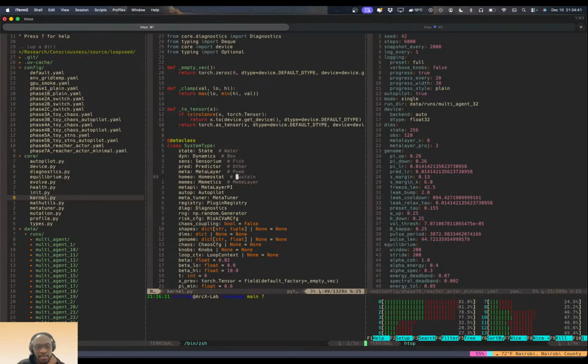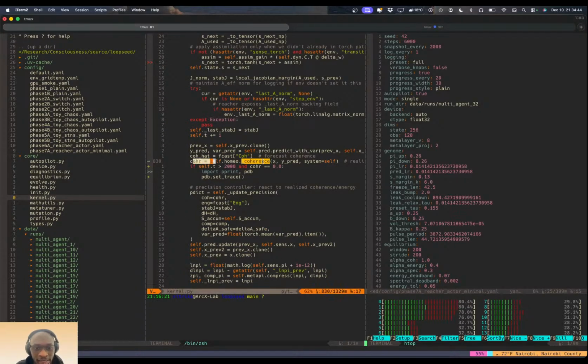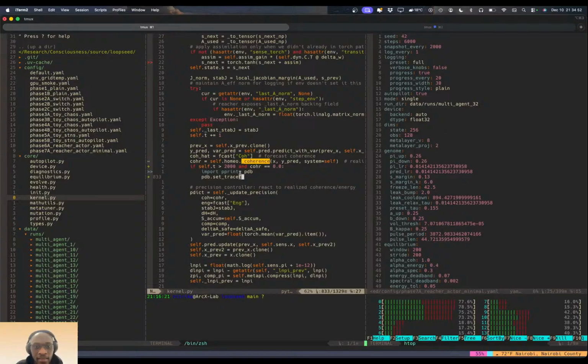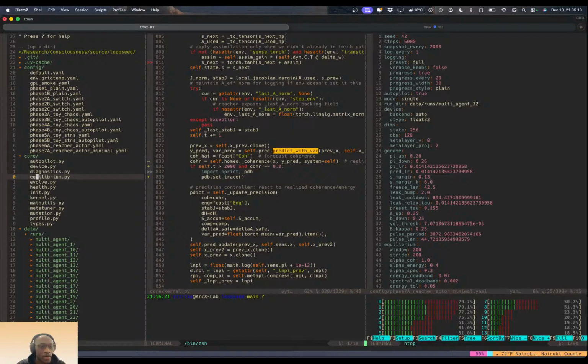Here we want to look at realized coherence. This is the y predict, and this is the x, the current sense. So predictor, predict with variance. This is where the predictor is failing. It is trying to predict what y will look like. So what we want to do is figure out why it's not working.